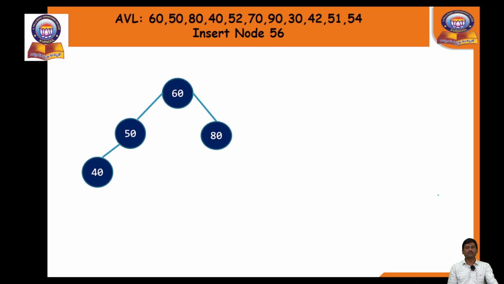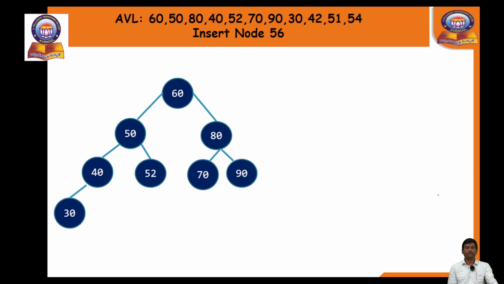The next node, 52, is placed, 70 is placed, and similarly 90 is placed. Of course, 52 has to be placed first, and then 70 and 90 are placed accordingly.